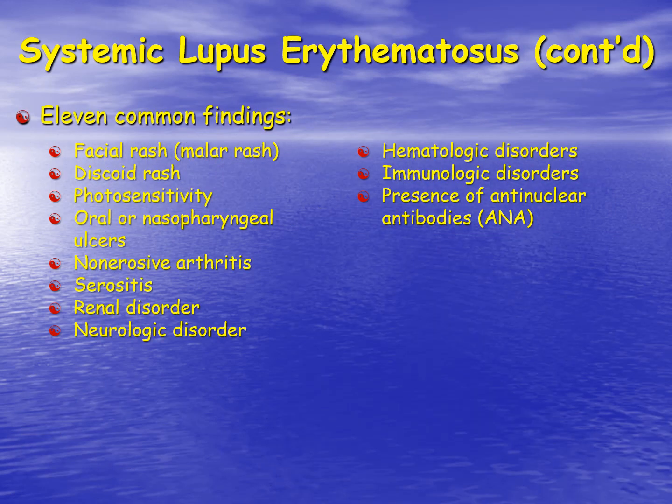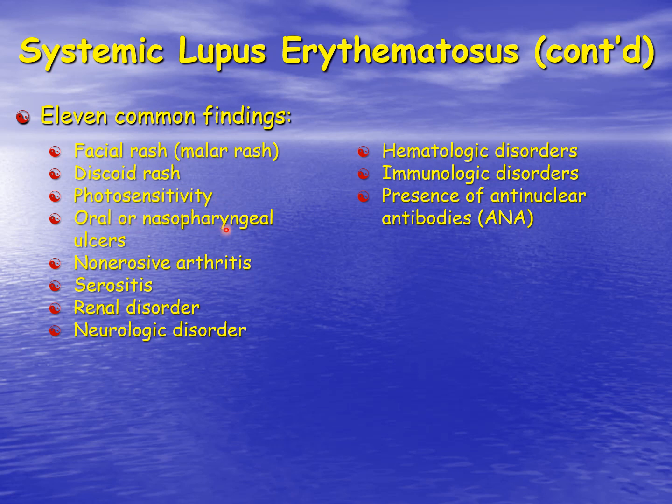There are 11 common findings that we see in systemic lupus. The facial rash, that is the rash that's across the face. Discoid rashes found anywhere else on the body. A photosensitivity up to and including such severe photosensitivity that it results in legal blindness.